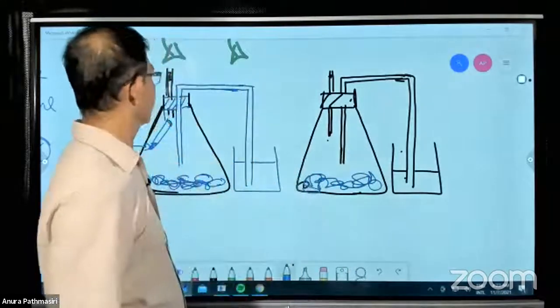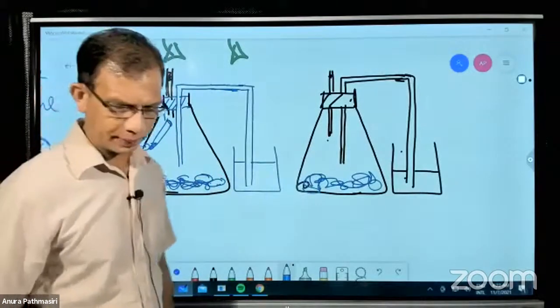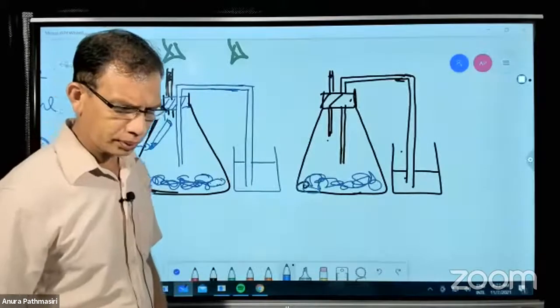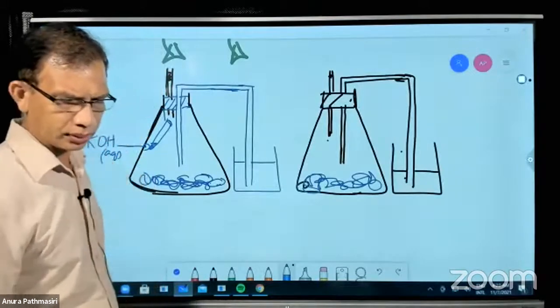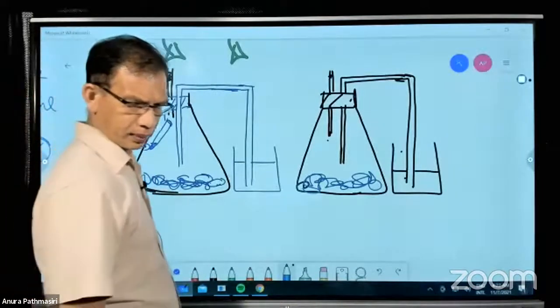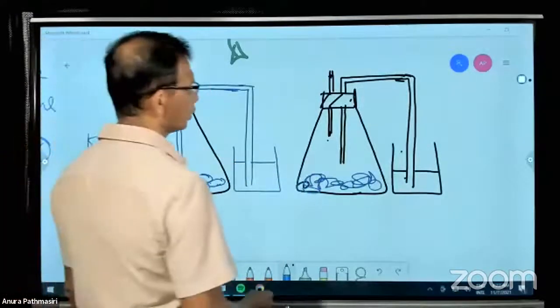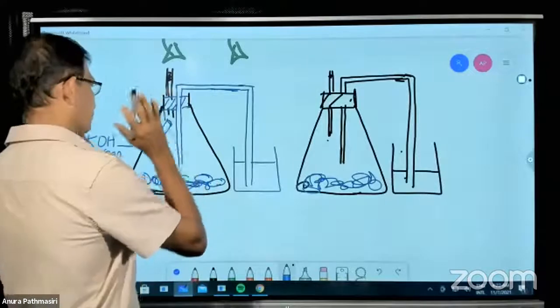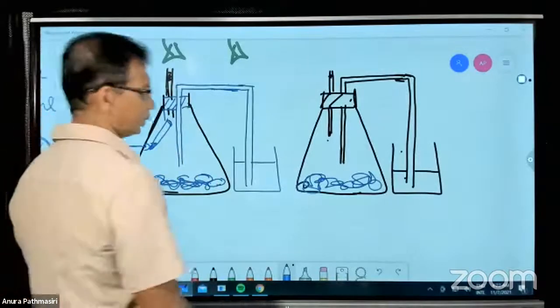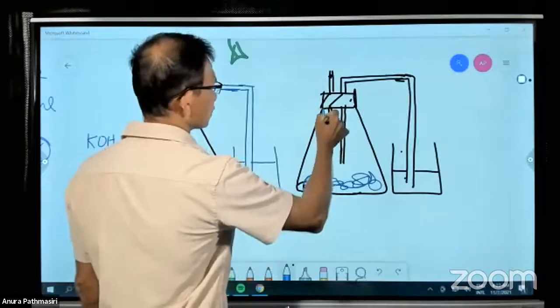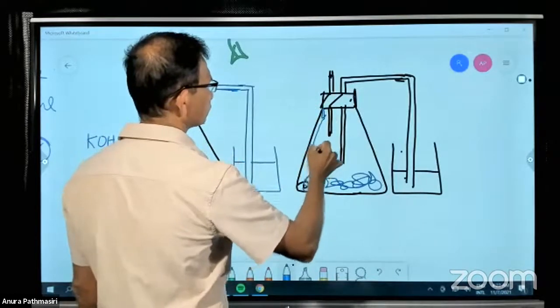So this is the experiment test. Experiments is here. And glass tube, germinating seeds, rubber. Potassium hydroxide is there.